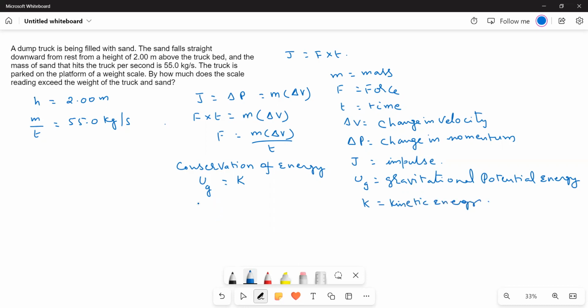So potential energy mgh is equal to kinetic energy, half mv square. Mass goes off. v is equal to square root of 2gh.